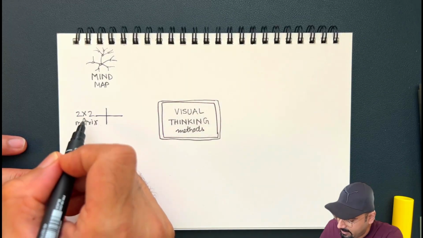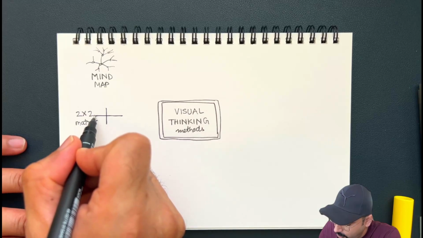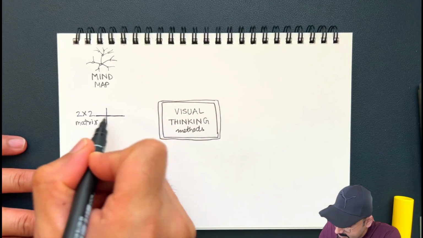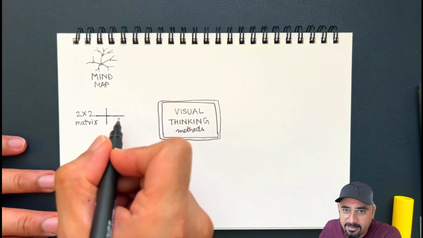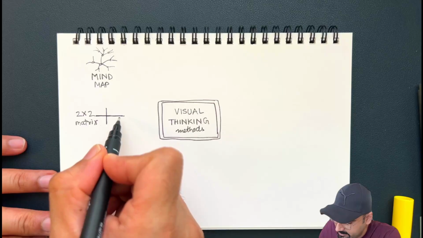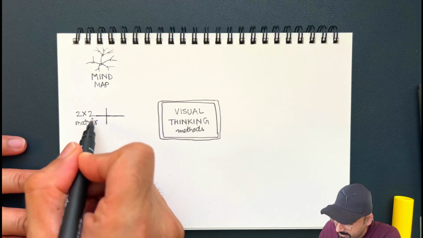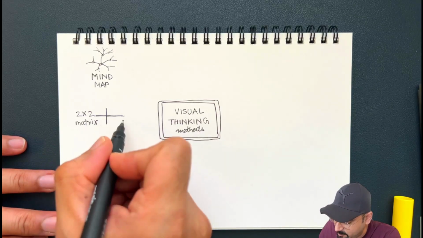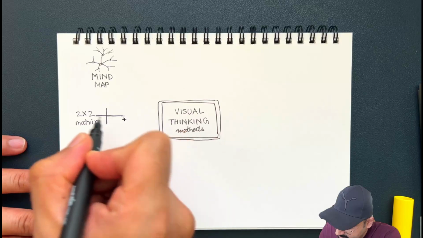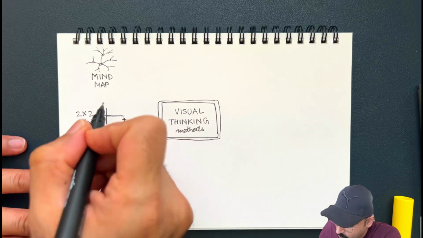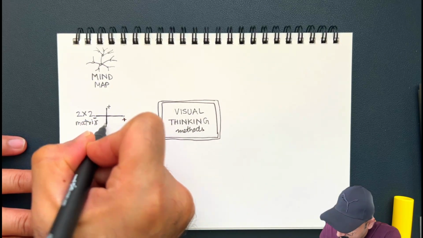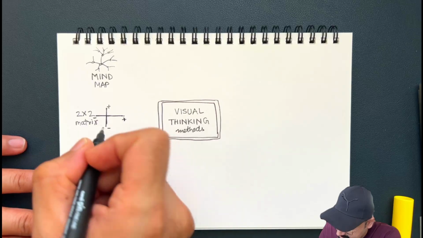Okay, and on the x-axis we take one parameter, and just as in mathematics, the left side is negative and the right side is positive, right? Or less or more, and same thing for the y-axis, which is the vertical line.